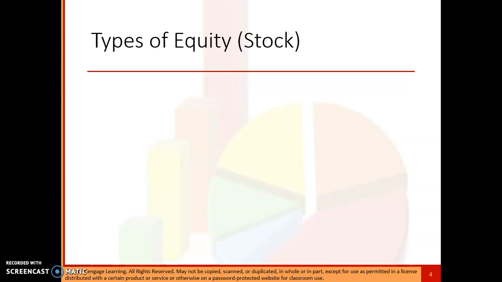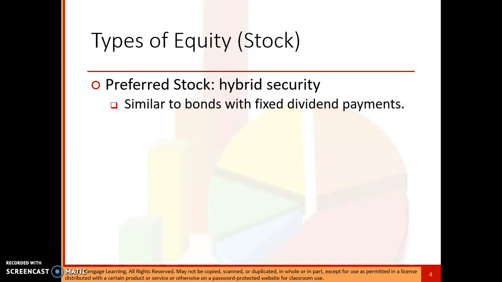So types of equity. We talked about preferred stock and common stock. Preferred stock is a hybrid security. It has characteristics of both bonds and stocks. So it's similar to bonds with fixed dividend payments.